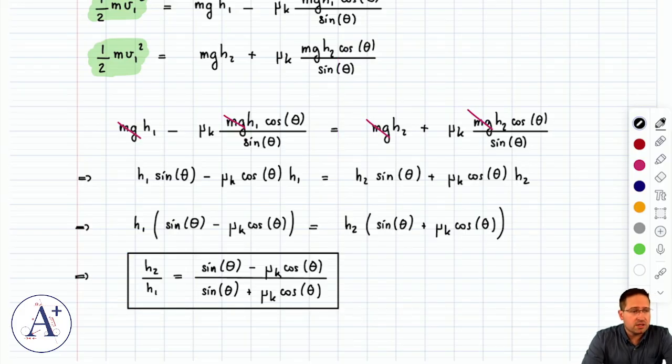Now, not in a million years would I have first of all imagined that that's what it looks like, nor would I have said, oh, I know exactly how to get h2 over h1. I'm just going to do all of these steps in sequence and boom, it's going to come nicely together. I don't know that. I mean, at this point I kind of do because I've been teaching this longer than you've been alive, but the point is, it's a very bad goal to have, to be able to see all the way through the solution ahead of time, right? It's the best way to be stuck and not start writing.